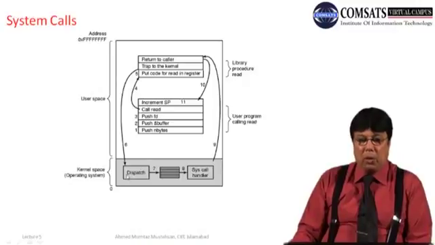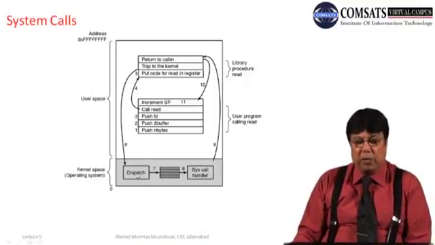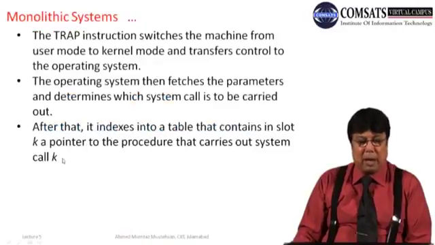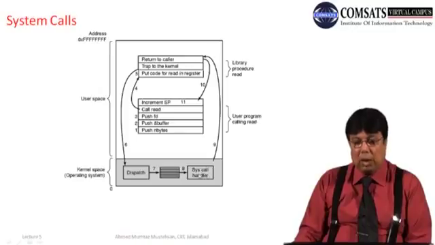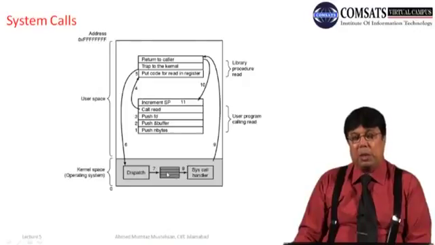So it provides you the information here, and with the help of this information you select the kth slot. If we go back to the previous slide, we said that the table contains, in slot k, a pointer to the procedure that carries out system call k. So let me explain: this pointer will point you to the slot, and this slot will contain the pointer to the system call, that is, the address of which service procedure you have to call will be picked up from here.